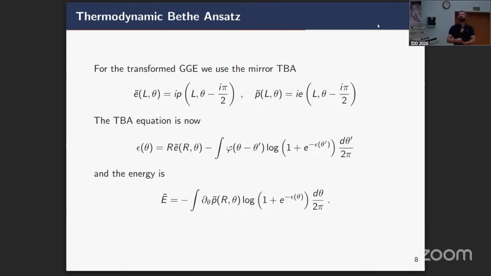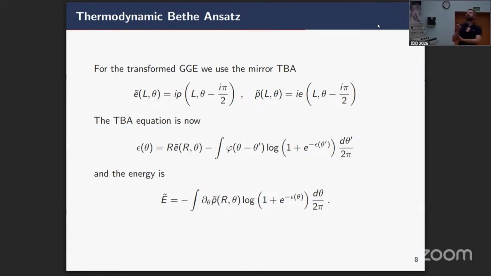So in the original generalized Gibbs ensemble, if I want to then look at quantizing on the other slice, I then have to do what's called a mirror transform of my GGE. So quantizing on the horizontal instead of the vertical slice is like swapping the space and time.